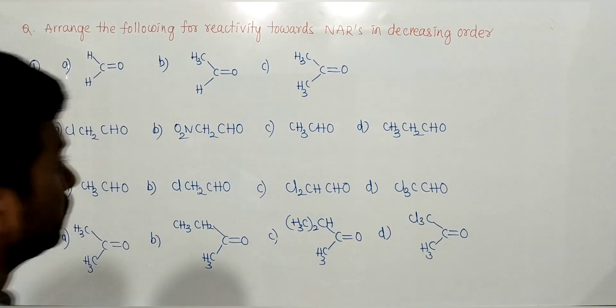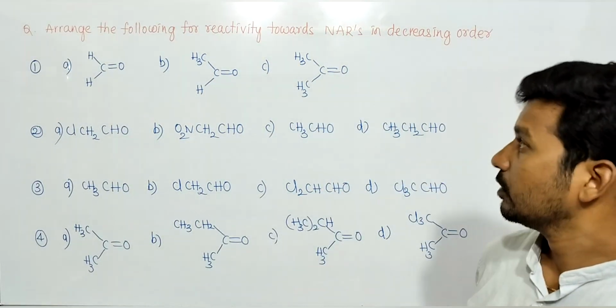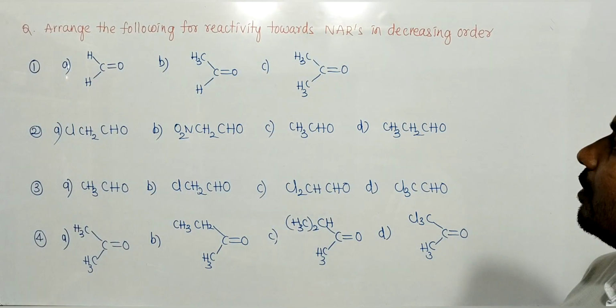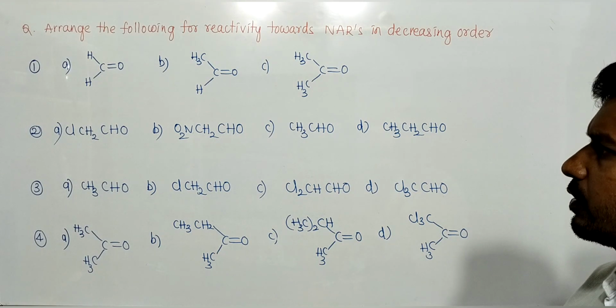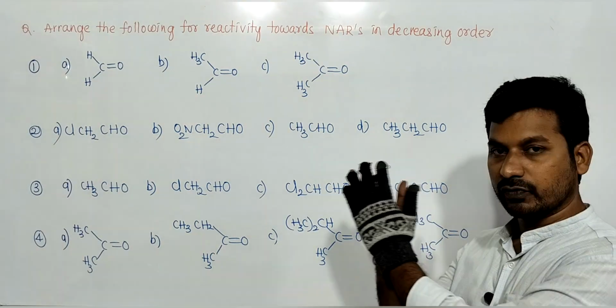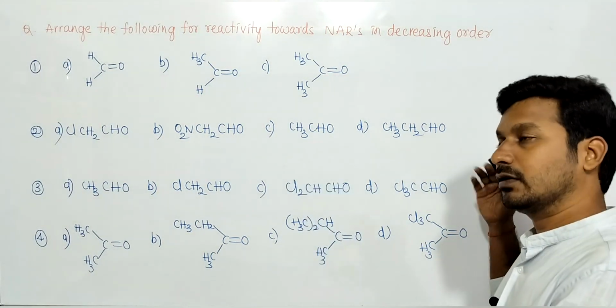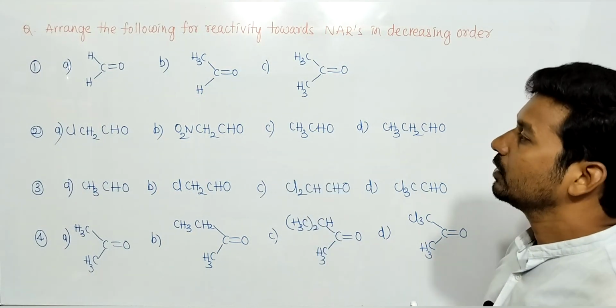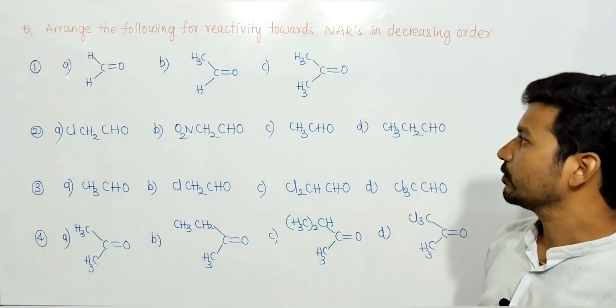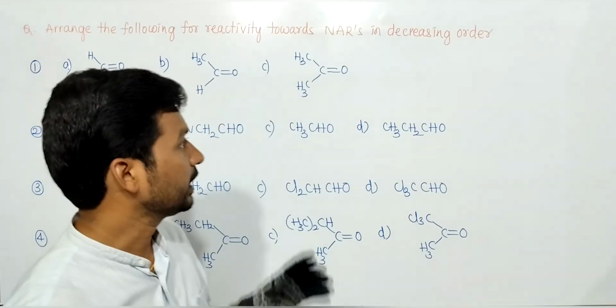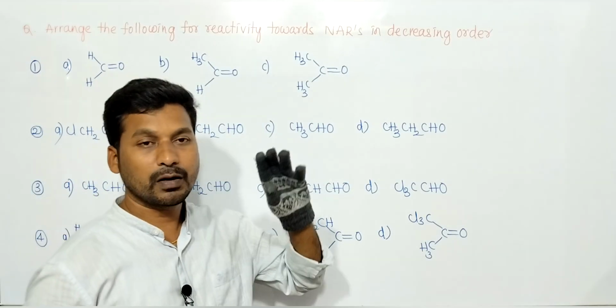Right. See these questions. Arrange the following for the reactivity towards nucleophilic addition reactions in decreasing order. Which one is more reactive? That one you have to arrange first and the less reactive later. Okay, between A, B, C in question 1, which one is more reactive? So what I am saying, methyl groups are plus I groups.